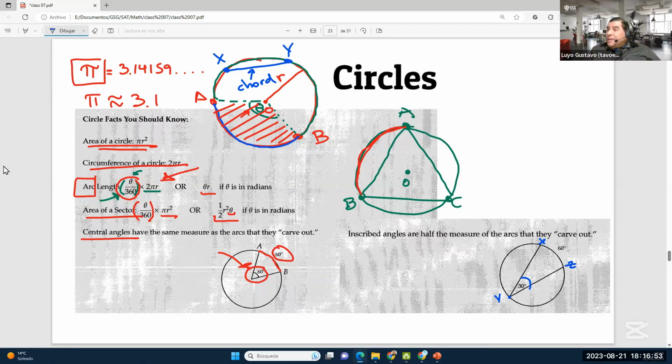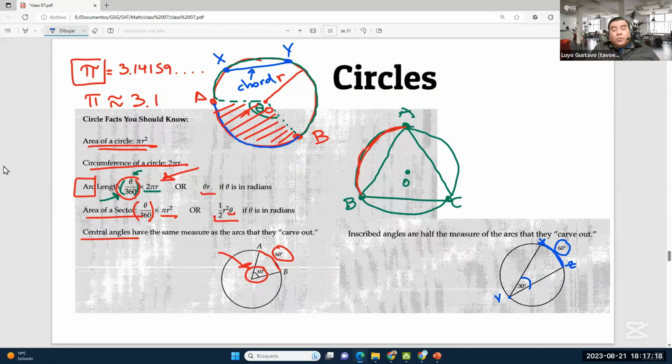If you know the measure of this arc here, from the endpoints of an arc, you draw an inscribed angle, that inscribed angle will always be half the measure of the corresponding arc. If the arc was 60 degrees, then the inscribed angle is 30 degrees.